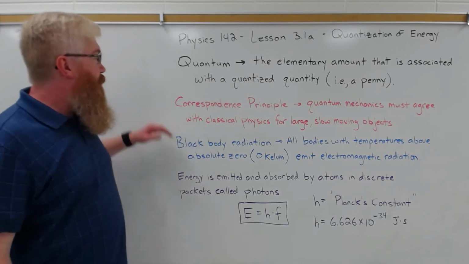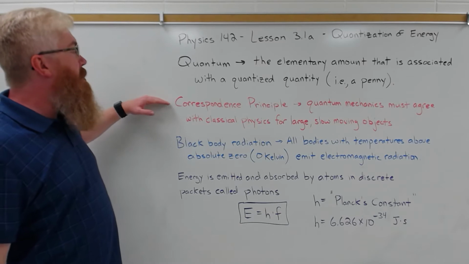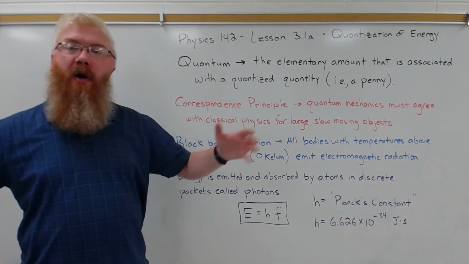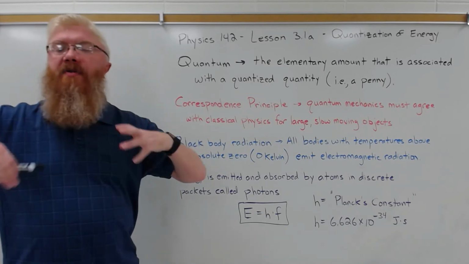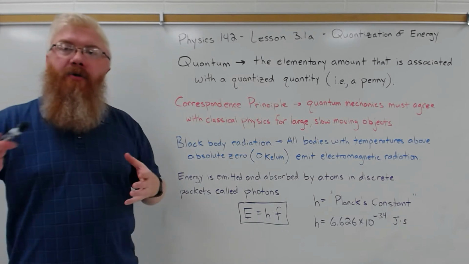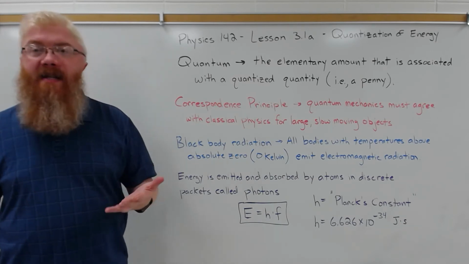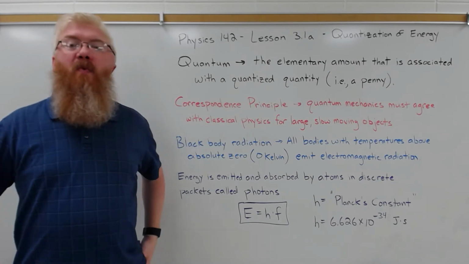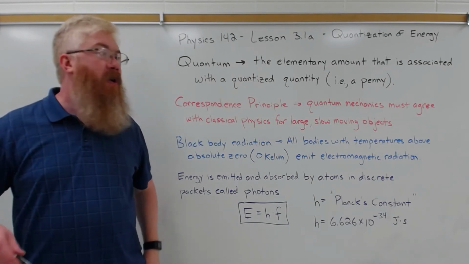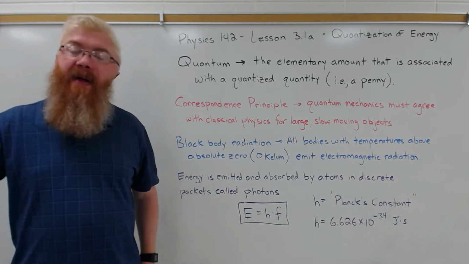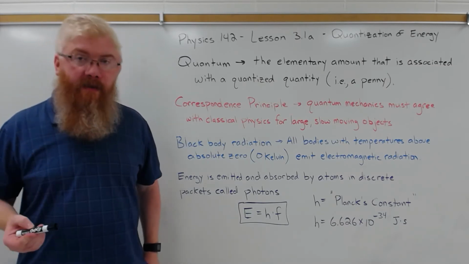Now, of course, quantum mechanics must become, as the objects get larger and larger, as you go from atoms to molecules to sets of molecules and so on to gases, as the objects get larger and larger, or from a relativistic sense, as the materials get slower and slower away from the speed of light, the relativistic equations we learned and the quantum mechanics equations and discussions we will learn have to dovetail nicely into the classical physics realm.